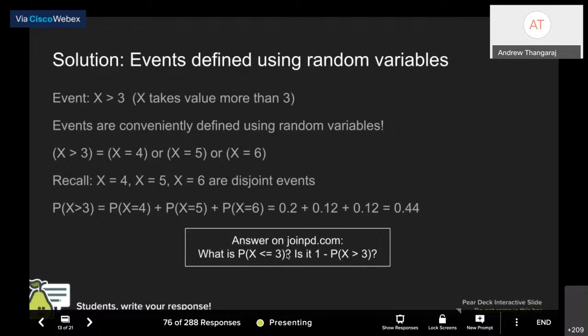Notice how you have to use all that, and conveniently, you can reduce your work even when random variables are involved if you know about events and how to combine them and deal with them. This is very important as well.